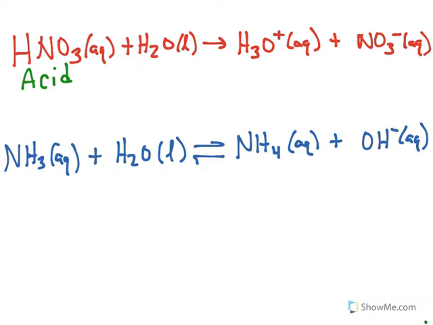The water then must be our base, since you can't have an acid without a base. But let's just check to make sure. The H2O became this weird H3O plus ion. Well, that in fact did accept that hydrogen ion, so it is acting as the base. Now, whatever the base becomes is called the conjugate acid.